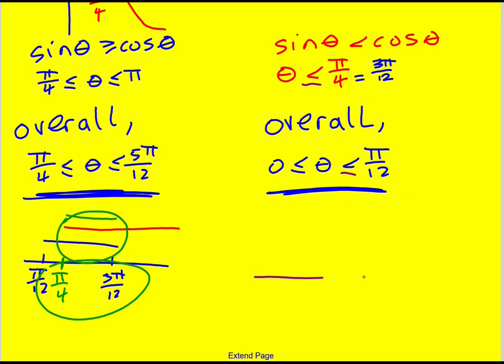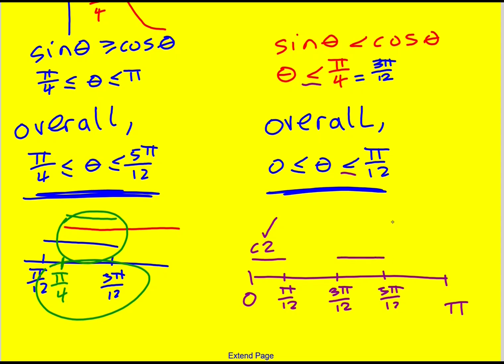So we have an interval from 0 to pi, and then we've got this bit here, 0 to pi over 12, where case 2 is valid. And then we've got pi over 4, which is the same as 3 pi over 12, to 5 pi over 12, where the first case is valid.